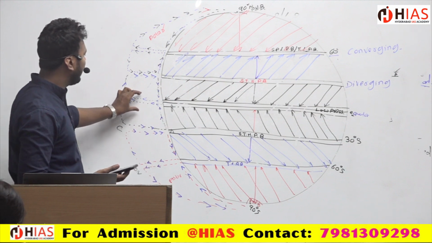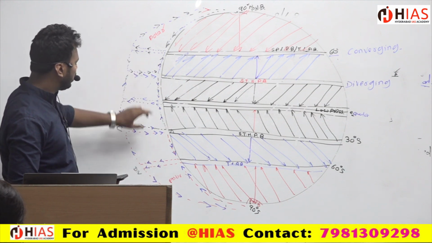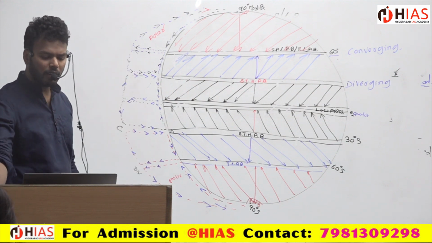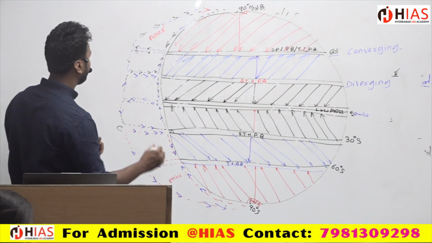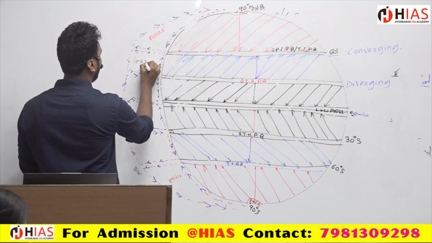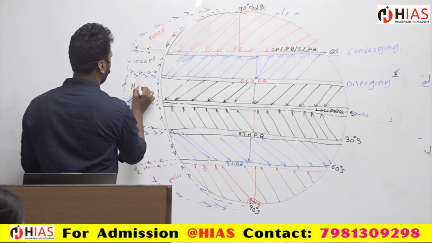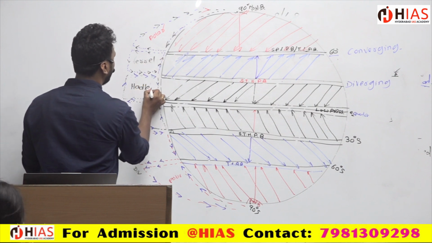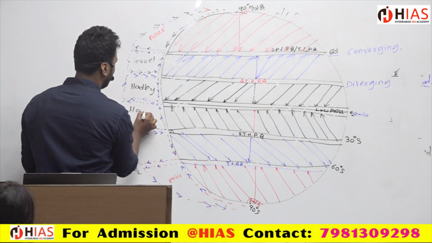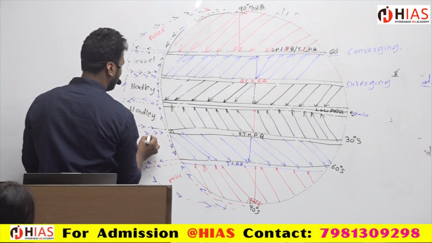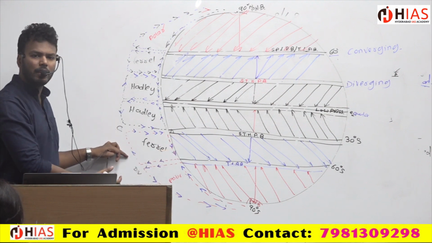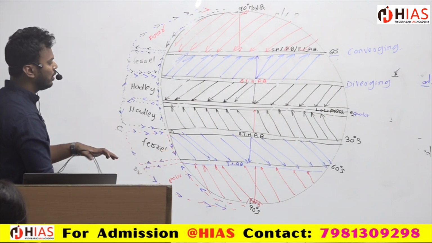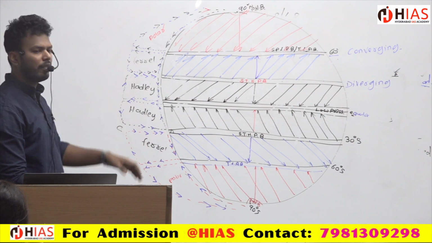See, this is called a Hadley cell, and these two things are called Ferrel cells. So they were named in different manners. Ferrel cell, Hadley cell, Hadley cell, Ferrel cell. This is acting like one complete cell, isn't it? That is why these cells are given different names.